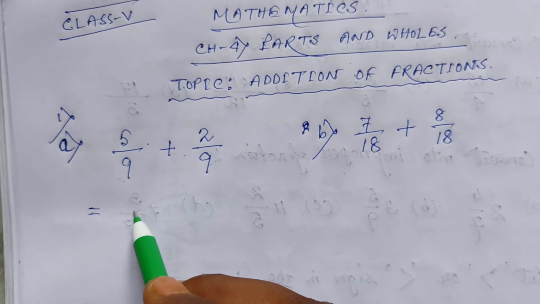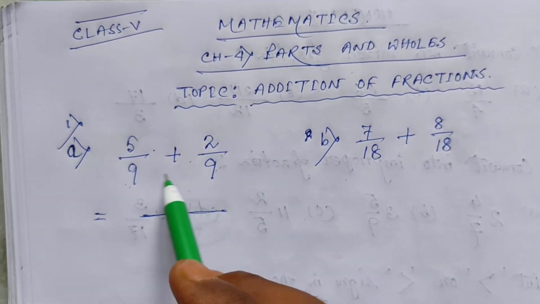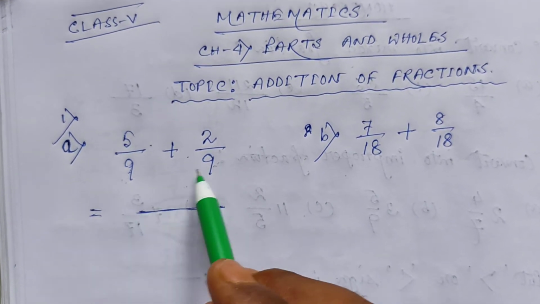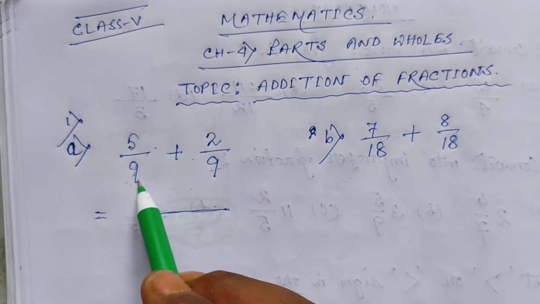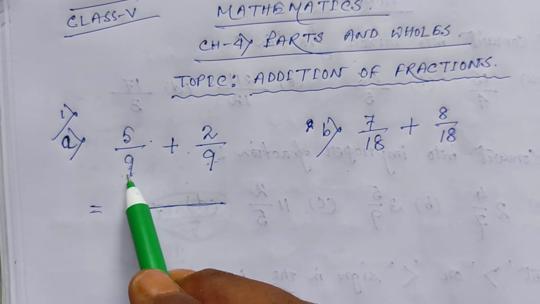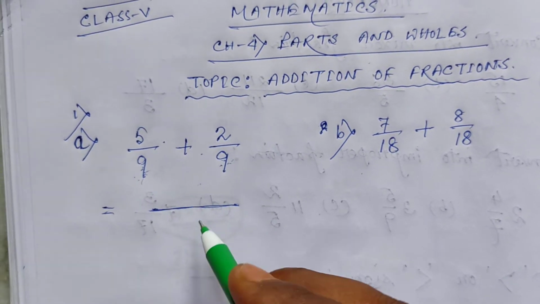It's very easy. Just first draw the middle line. Then you can see both denominators are 9, and we know that first of all we have to find the LCM. So the LCM of 9 and 9 is 9.